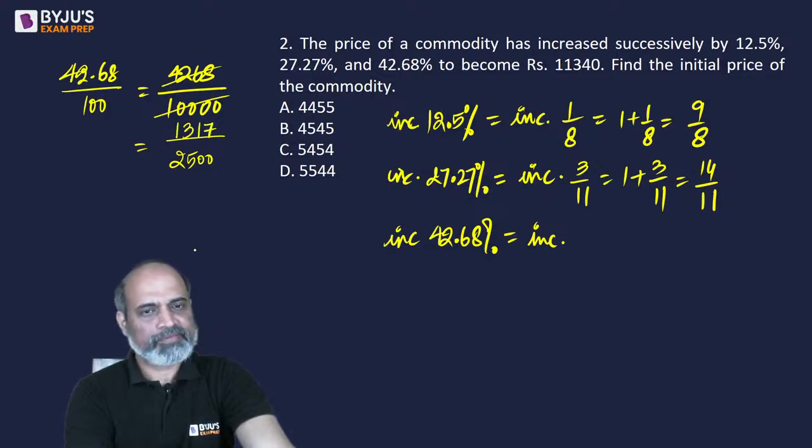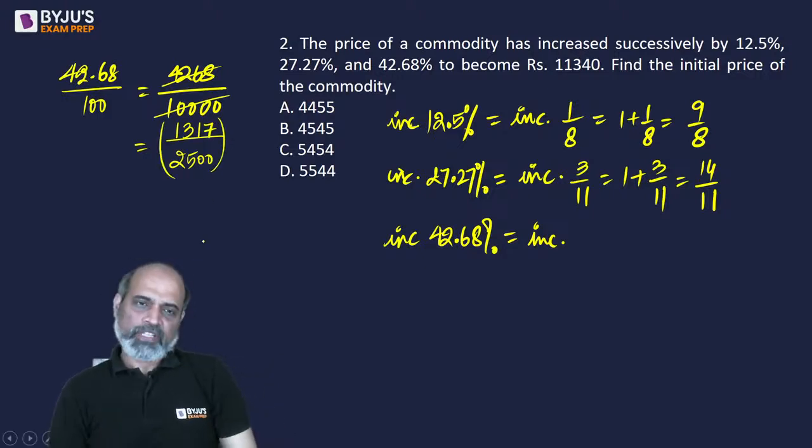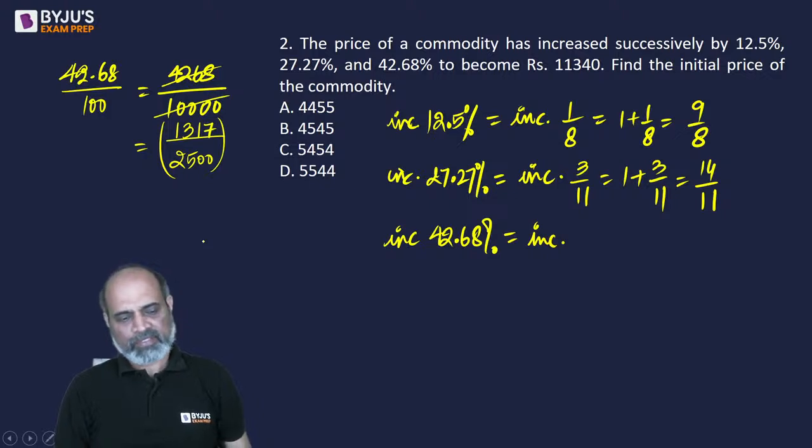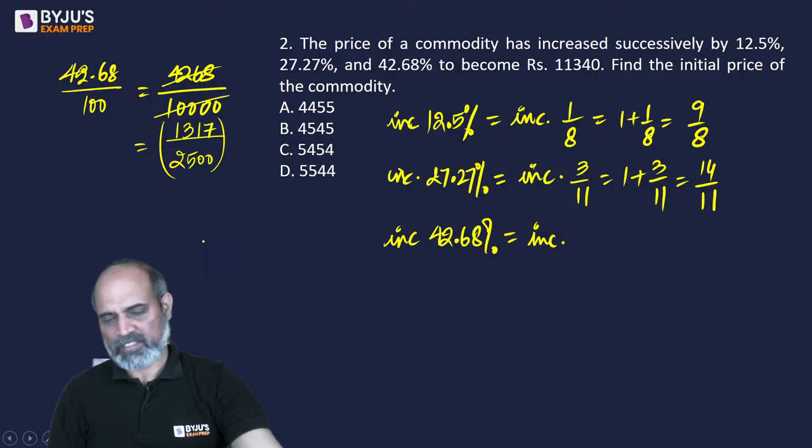1317. 1317 by 2500 will become 39 by 26.